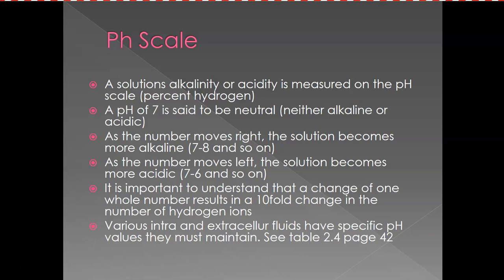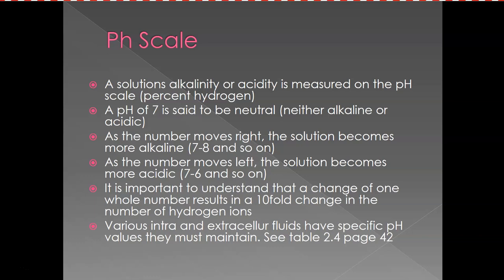Now, when I spoke earlier about balance with homeostasis and I said something as small as 0.2 is catastrophic, that is because a change of one whole number on this scale results in a 10-fold change in the number of hydrogen ions, 10 times 10. So if we went from 7 to 6, that is a massive change of acidity in the solution.